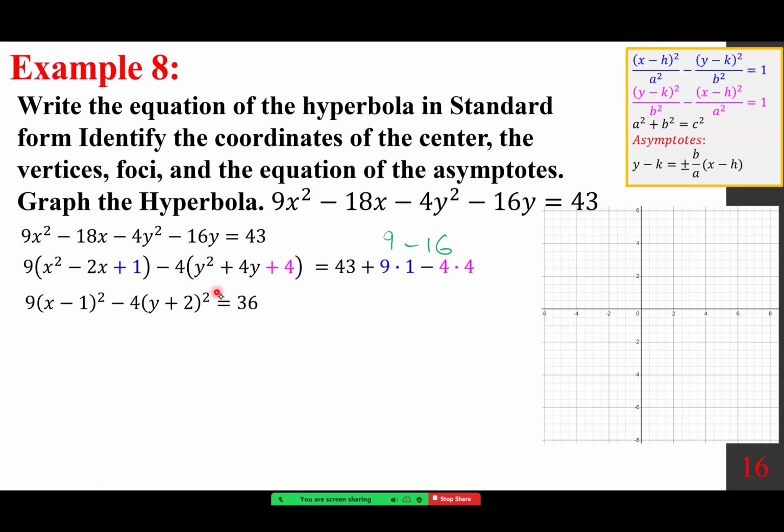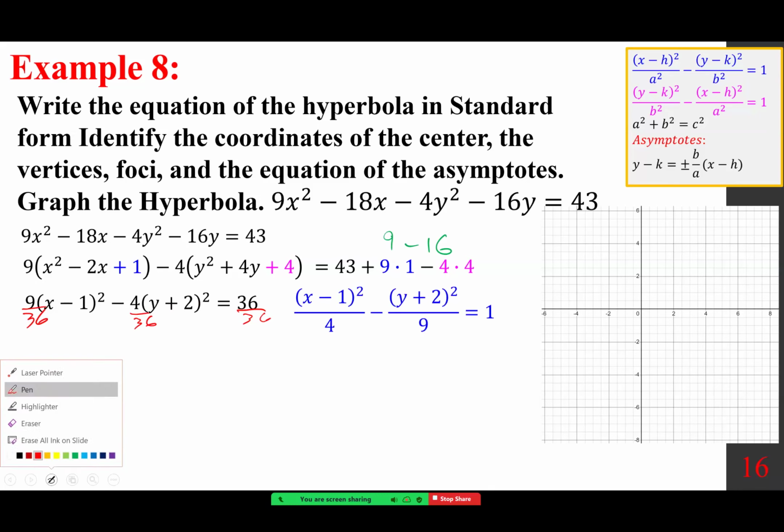And we are going to divide both sides by the constant on the right, this number. So we get x minus 1 squared over 4 minus y plus 2 quantity squared over 9 equals 1.